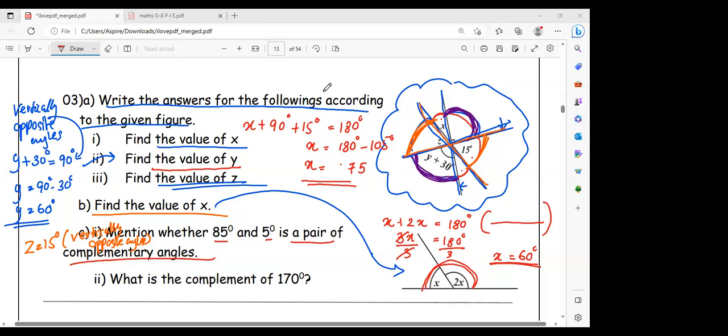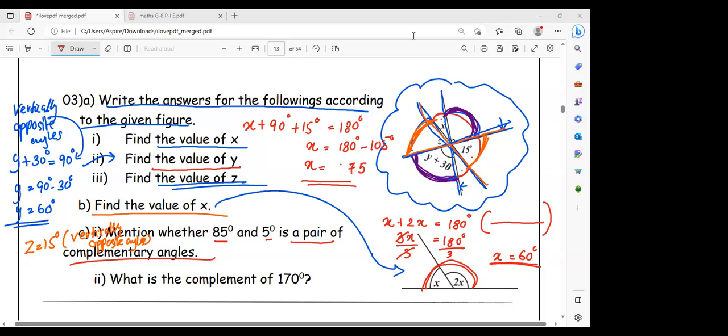Very good, Santisha. Please tell me whether this is correct or not? Yes. Correct. Yes, Akita. Akita, is it correct? Yes, ma'am.